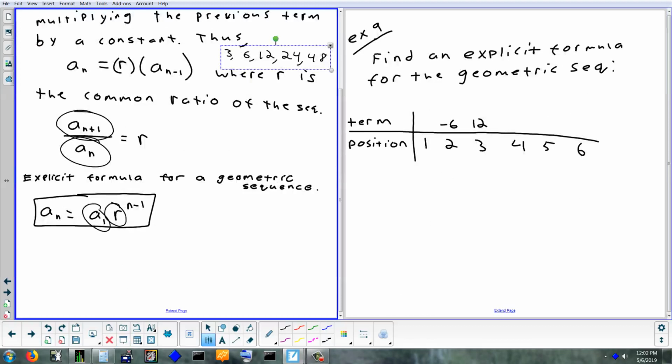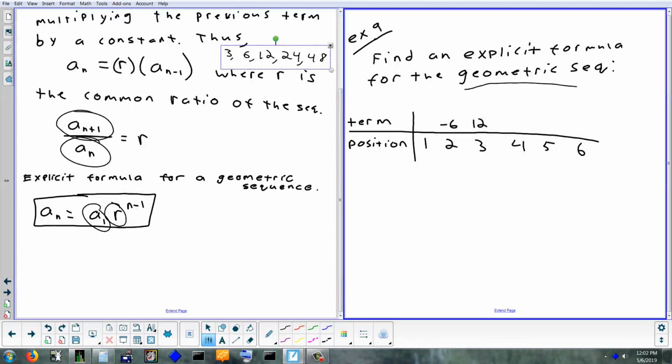Now, what's a little tricky in example 9 is they didn't give you the first term, but you should be able to kind of see a pattern there and figure it out. If they didn't say geometric, you wouldn't know. There's not enough numbers here to know. But if you know it's geometric, then you know they multiply it by something each time.